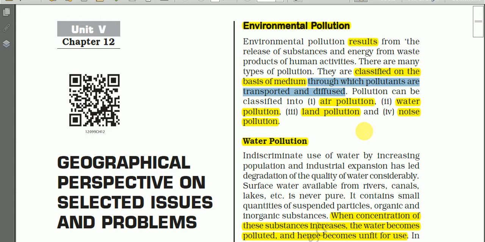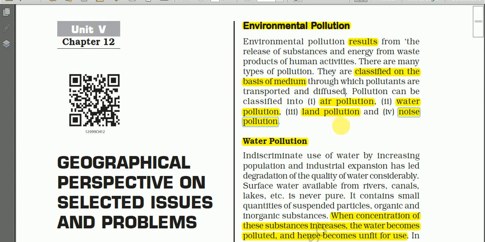Pollution can be classified into air pollution, water pollution, land pollution, noise pollution. Okay, this classification is based on the medium through which the pollutants are transported.